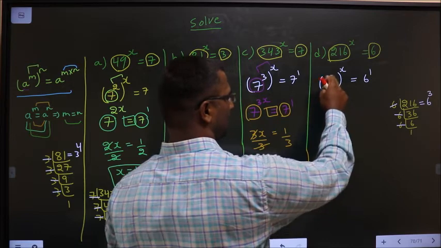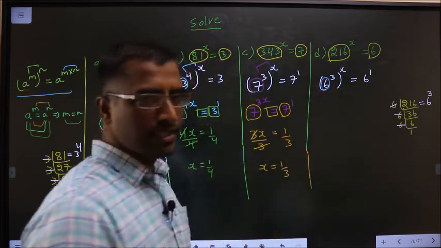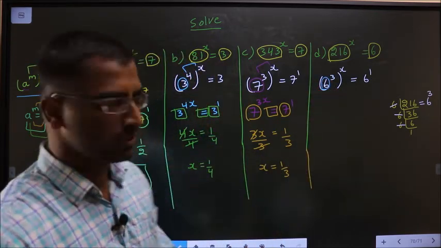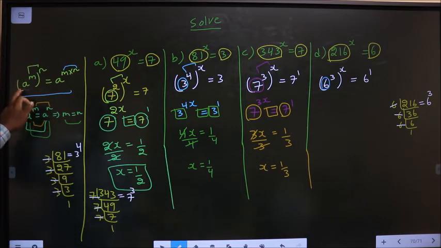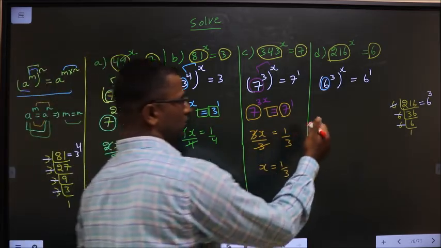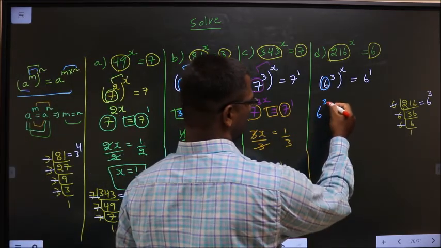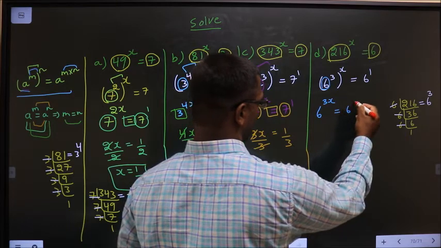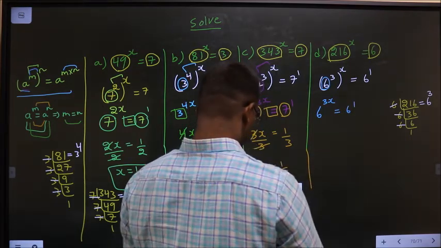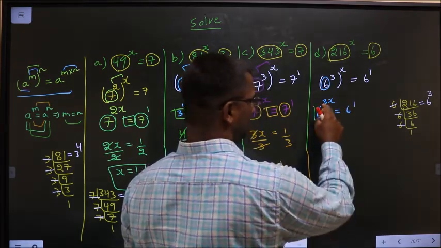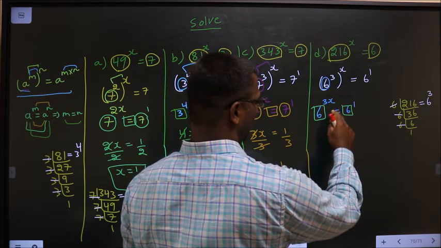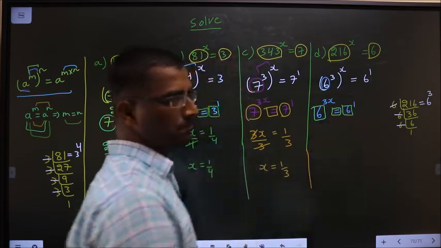Now observe that the number 6 has got multiple powers. Whenever one base has got multiple powers, the result is multiply the powers. So here also 6 power 3 into x, which is 3x, equal to 6 power 1. Now your observation is bases are same and you have equal to between them.